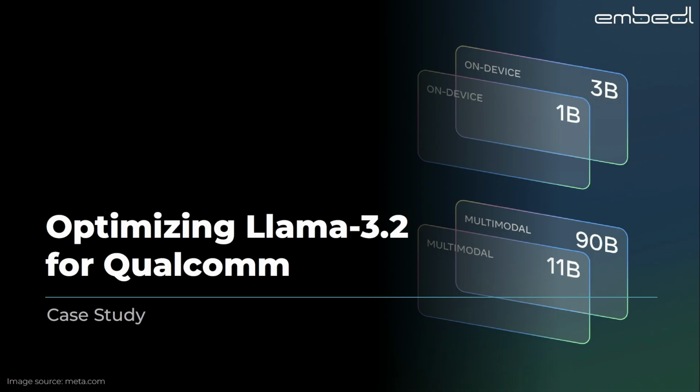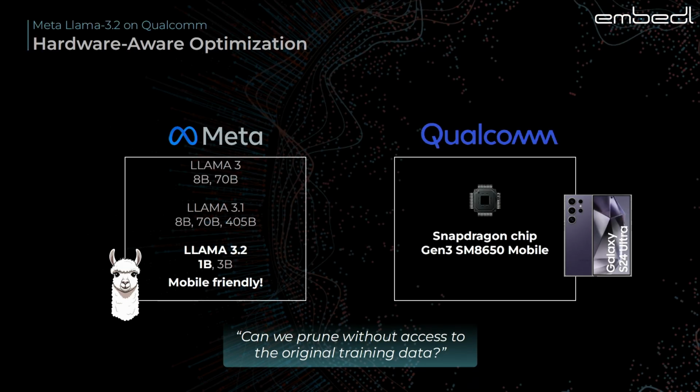Good. So now we have seen Llama 3.2 and Gemma 3. Let's look at how we can take all those learnings, all those advices on how to optimize models for the edge, into a case study where we optimized Llama 3.2 for Qualcomm. In this case study, we looked at, again, the 1 billion Llama 3.2 model, which is, as I said, mobile friendly.